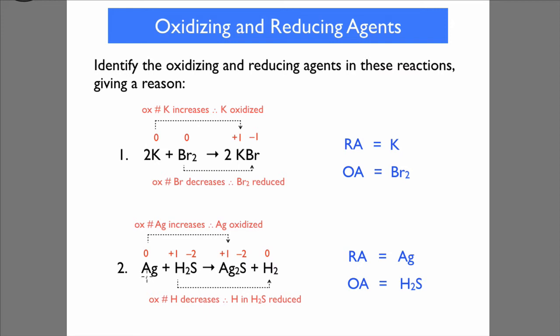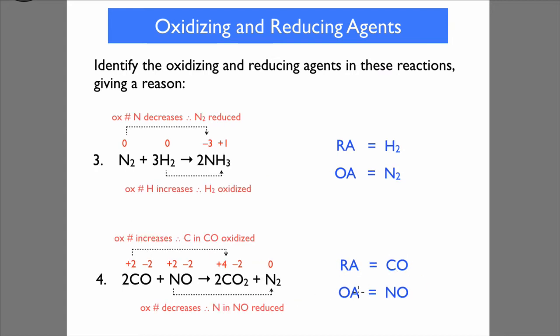Here we've got silver, and the oxidation number increases, therefore it's being oxidized, so it must be the reducing agent. We've got hydrogen sulfide. You can see the hydrogen's gone from +1 down to 0, therefore it's being reduced, therefore the H2S must be the oxidizing agent.